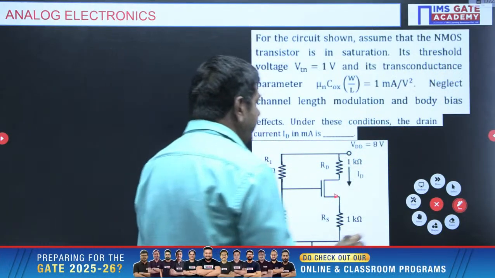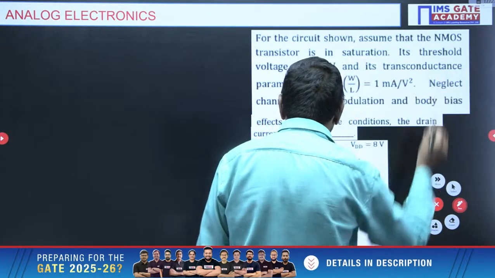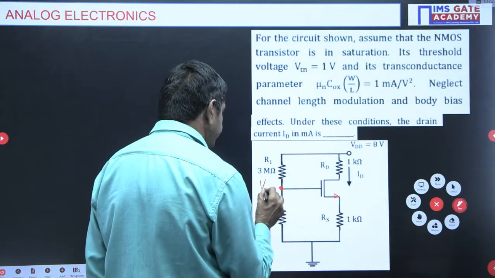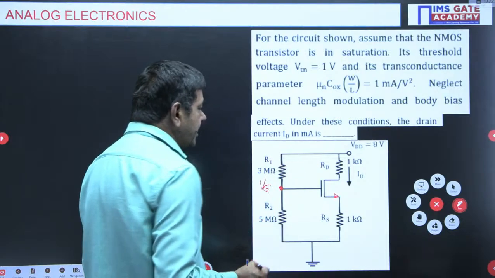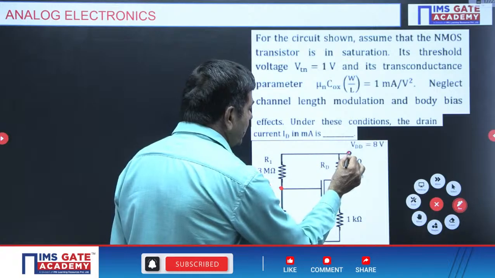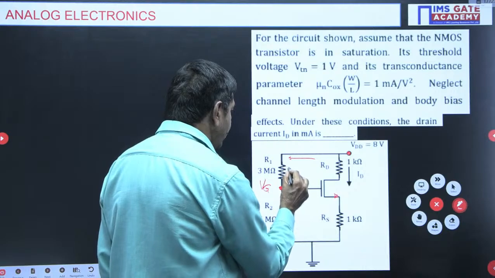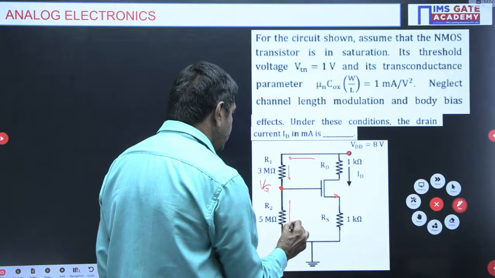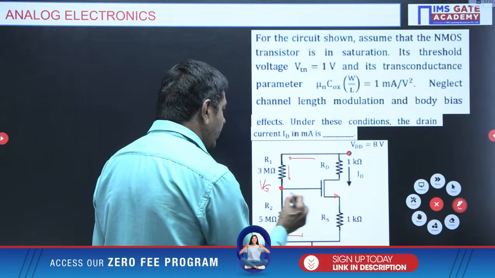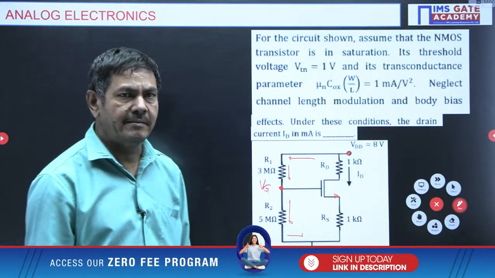Now, to find ID, initially I wish to find the gate potential, the VG value. This gate potential is required. Supply voltage is 8 volts. R1 current will flow this side and this side only. On this side, no current, because the input impedance of the MOSFET is very high, approximately infinity.